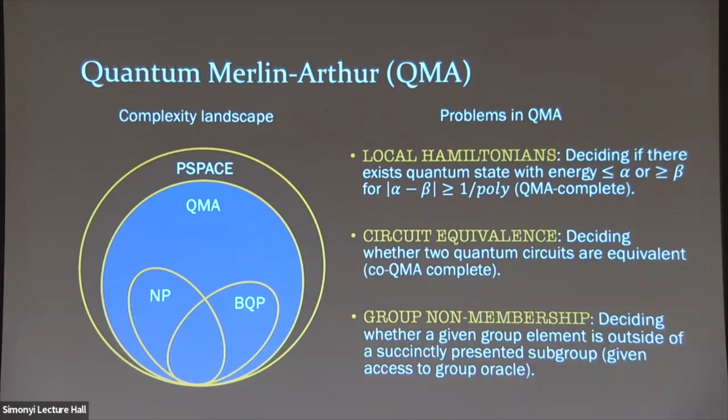Just to describe it informally, the prover can provide a uniform superposition over all group elements in the subgroup. And through using quantum processing power, you can verify that an element is not in this subgroup.